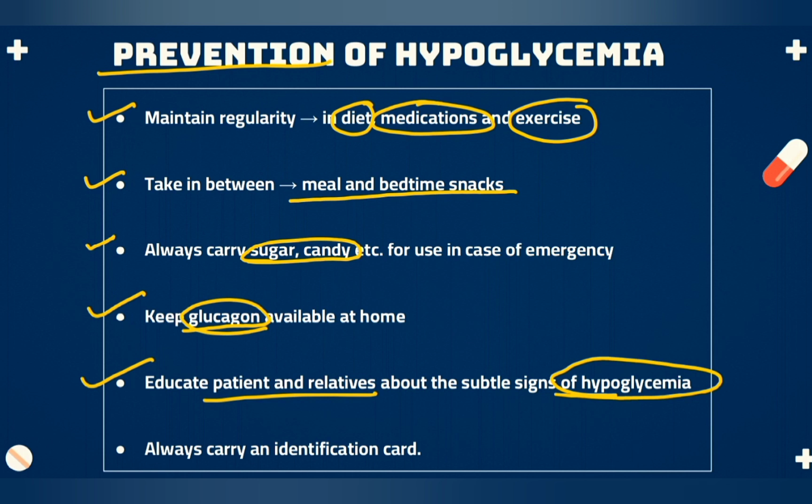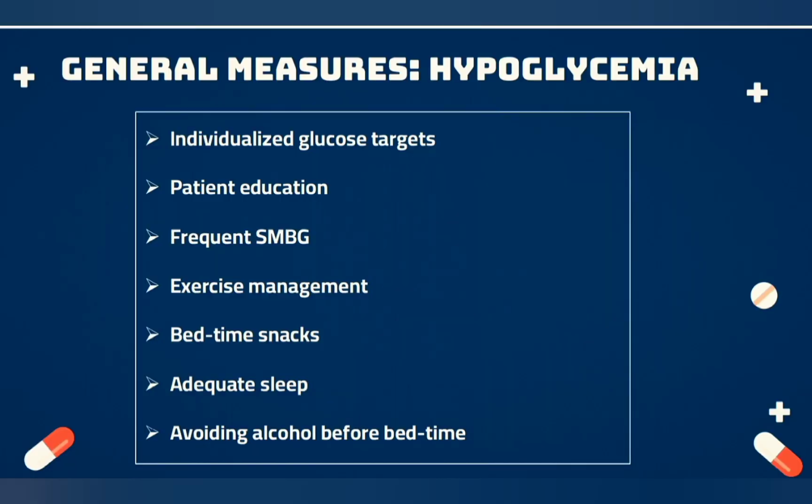The person should always carry an identification card which must include the details about the morbidity and disease, the treatment schedules, the address, etc. There are some general measures for preventing hypoglycemia.